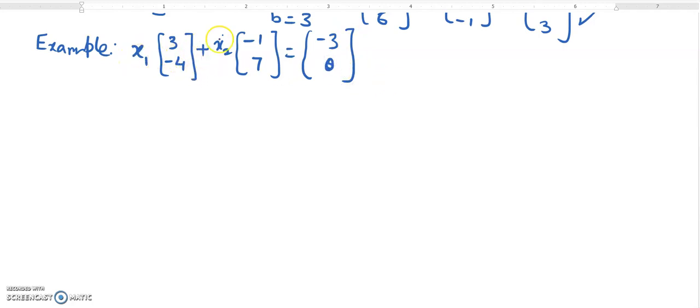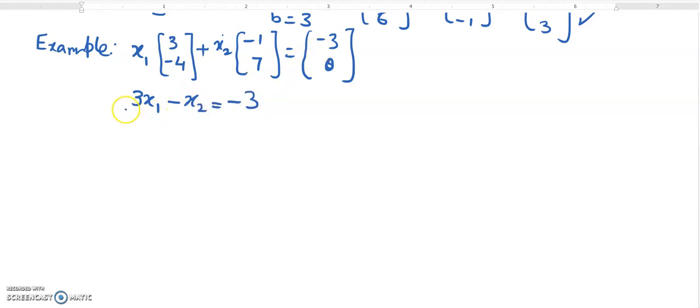In this case, x1 and x2 are the variables, but they are scalars, so scalars can be multiplied with the vectors. So we can represent this vector equation as a linear system of equations. x1 will multiply with 3, so it will be 3x1, and then minus 1 will be multiplied with x2, so it will be minus x2, and that will be equal to minus 3.